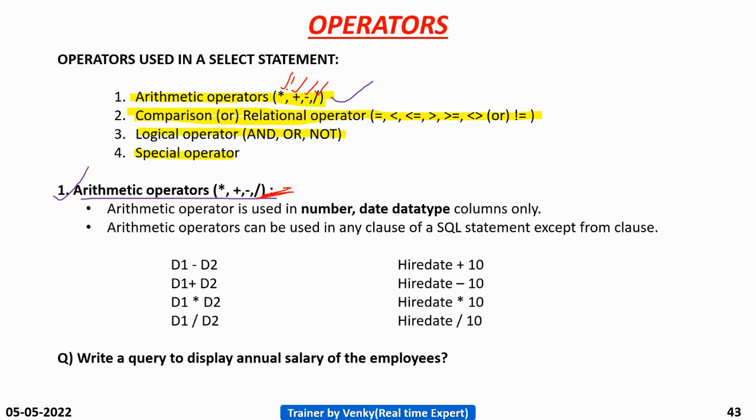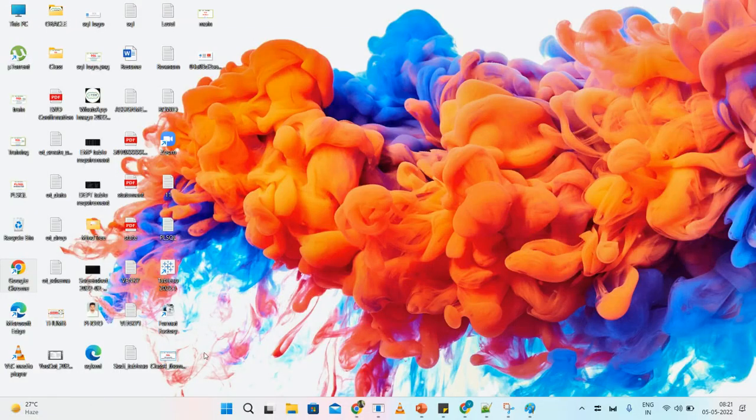These all operations we can perform in our SQL. How can we perform them? Arithmetic operators are used in number and date data type columns only.